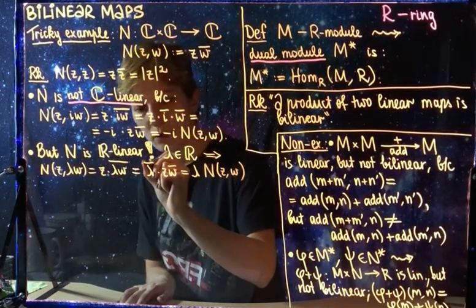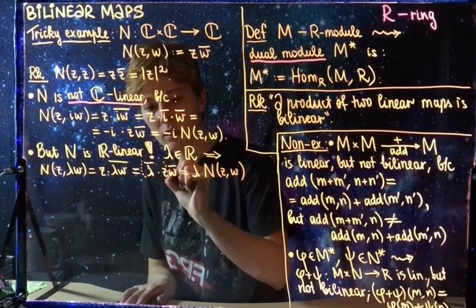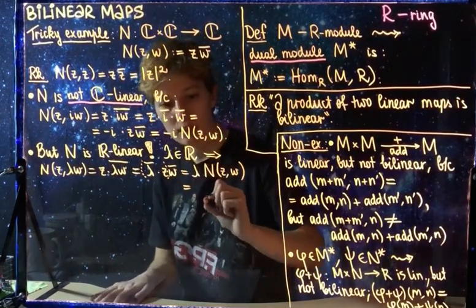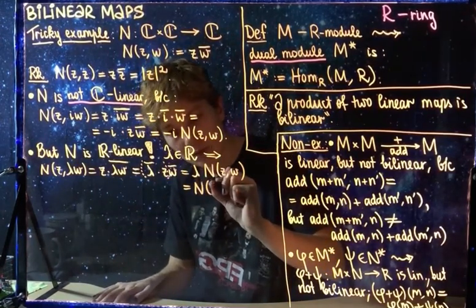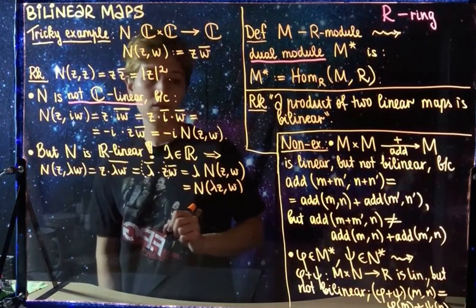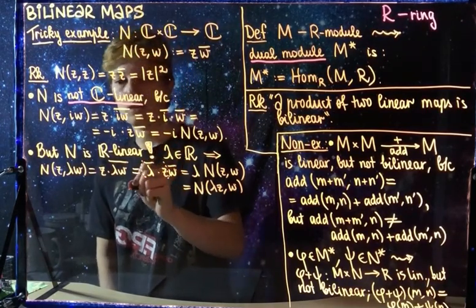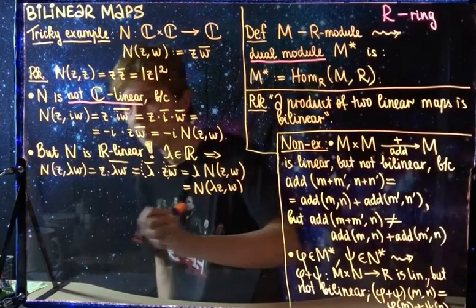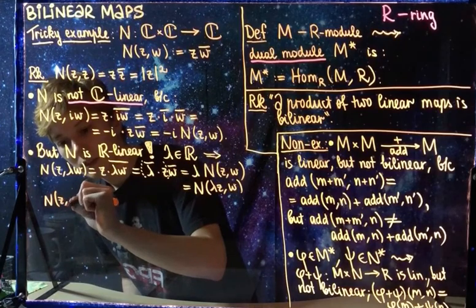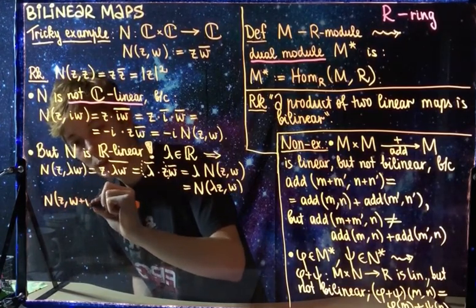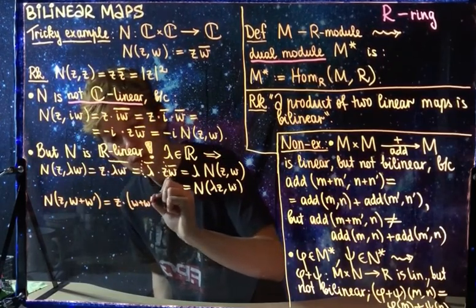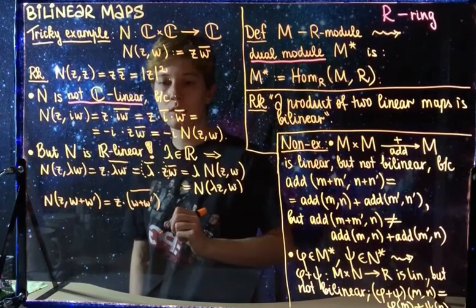But also if we view this as one complex number, lambda Z, we can write it as N of lambda Z comma W. And it is easy to see that N is additive. For example, let me take W plus W prime. So we have Z times W plus W prime complex conjugate.